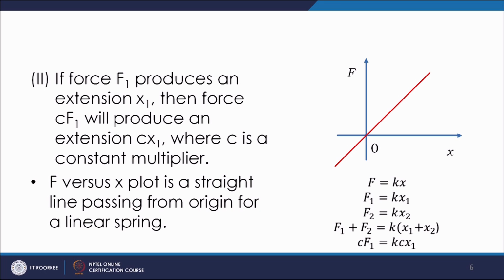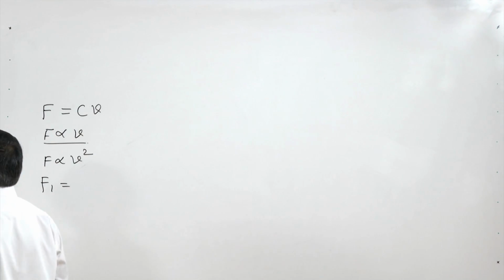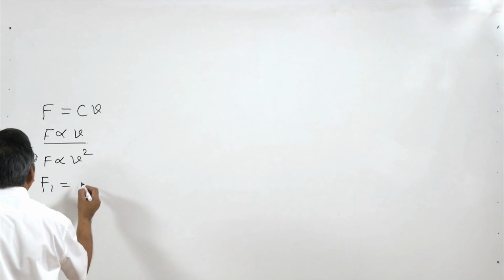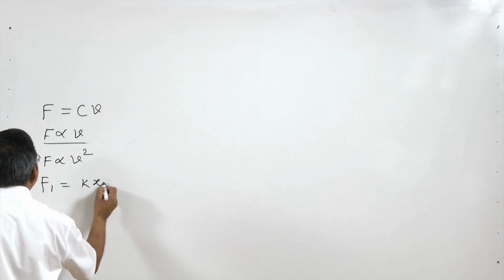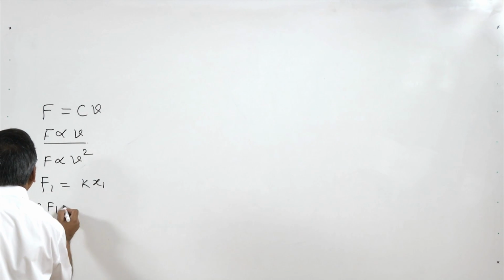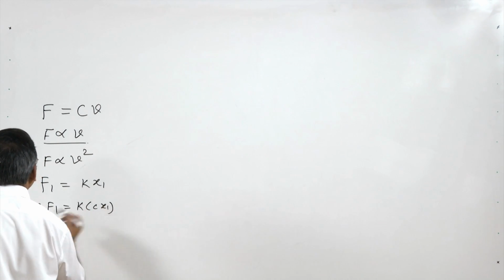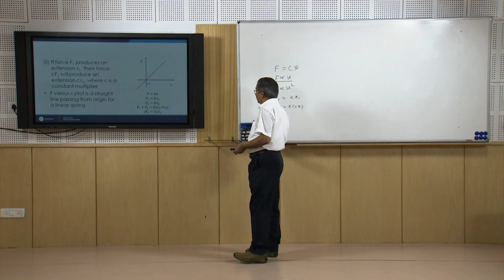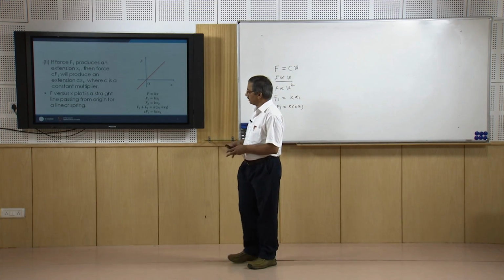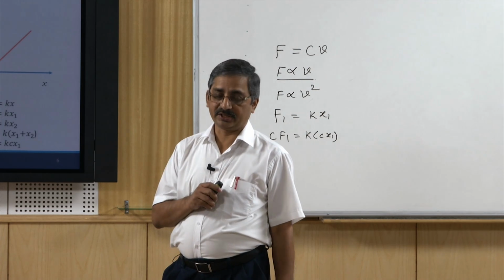So, in the case of the spring, if F1 is equal to Kx1, then CF1 will be K times Cx1. This is what I mean. So, these two conditions are fulfilled by a linear system.